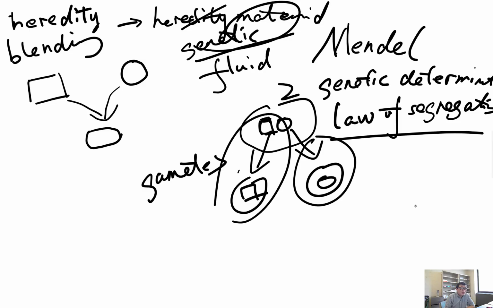For example, you have a father who has two genetic determinants, capital A and lowercase a, and a mother who has another two, also capital A and lowercase a.